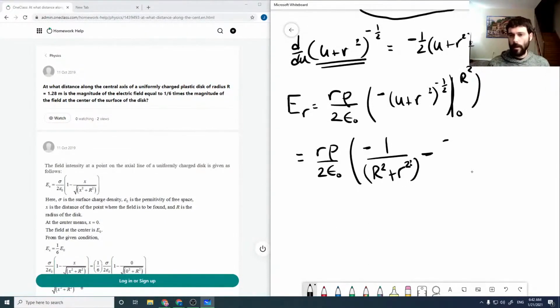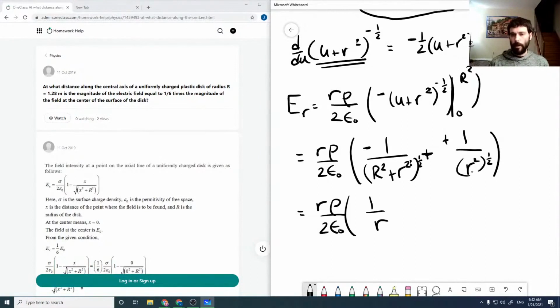Minus a minus 1 over, putting 0 in for u, just gives, and this should be to the power of 1/2 over R squared to the power of 1/2, which is just R, and then the minuses here will cancel. So R rho over 2 epsilon naught, 1 over R minus 1 over square root of R squared plus R squared.